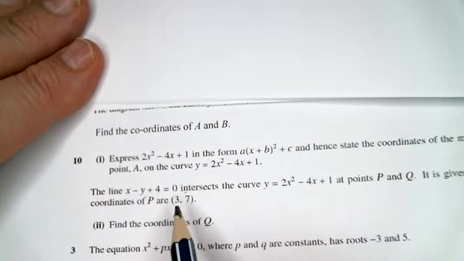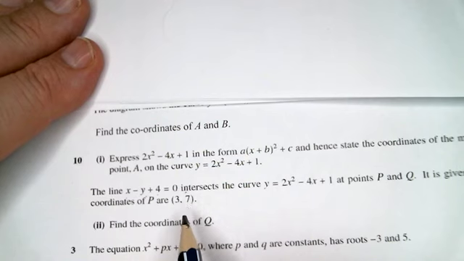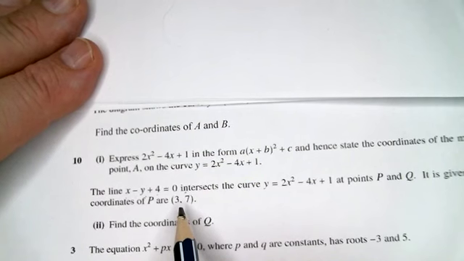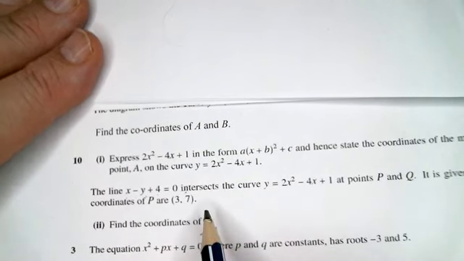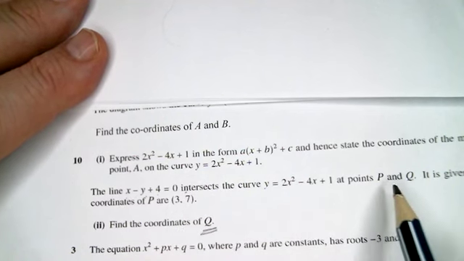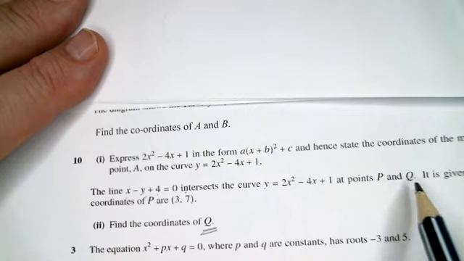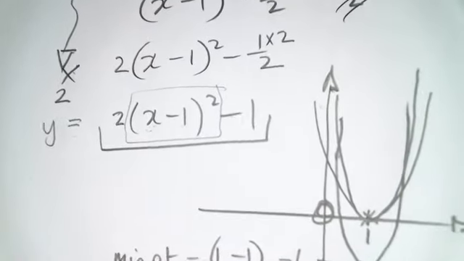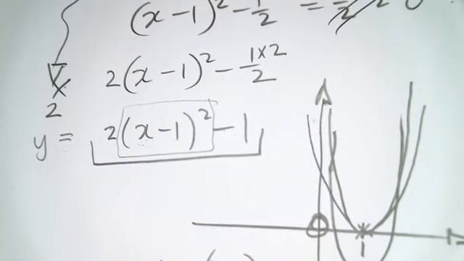By the way, this is completely irrelevant. We don't need to know that P is (3, 7). It's just like, who cares? So what we just need to do is we're just finding Q, yeah? So we know there's 2 points of intersection, but we're interested in finding point Q. So we're not worried about P at all. All right, so let's go ahead and do that. And I'm going to do that in the next video.